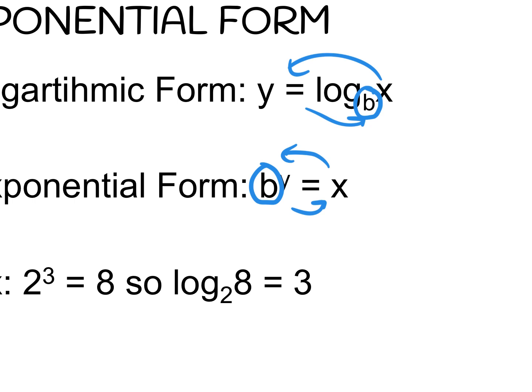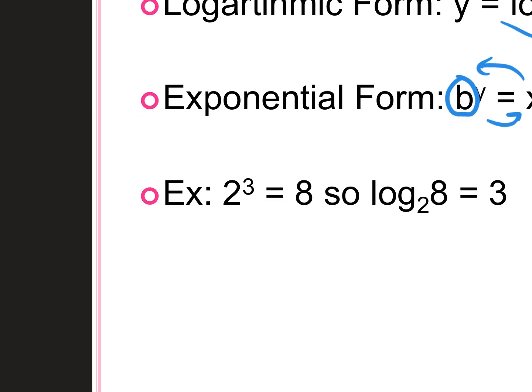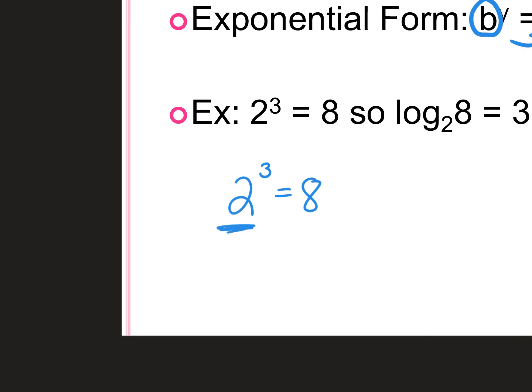If you start off with exponential, then that means the big base becomes the little log base whatever, and x and y switch spots. So in this case here, this is an exponential form because it's what kind of a problem? It's an exponent. If I was going to change this to logarithmic, my big base becomes the little number. You guys see that? And then what happens with the 8 and the 3?